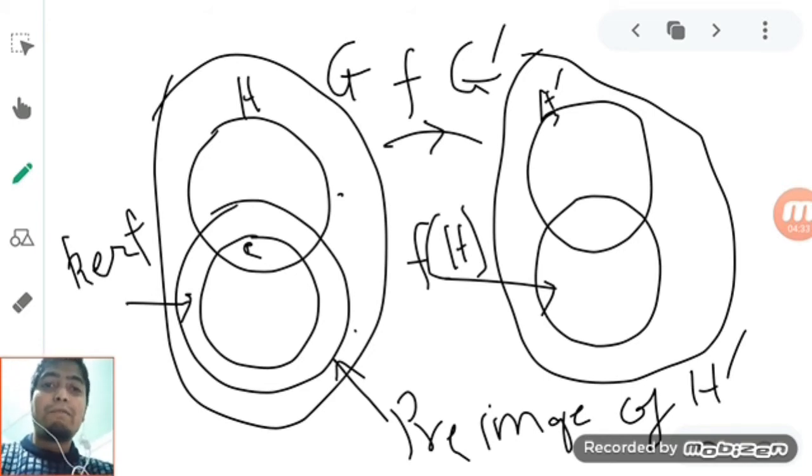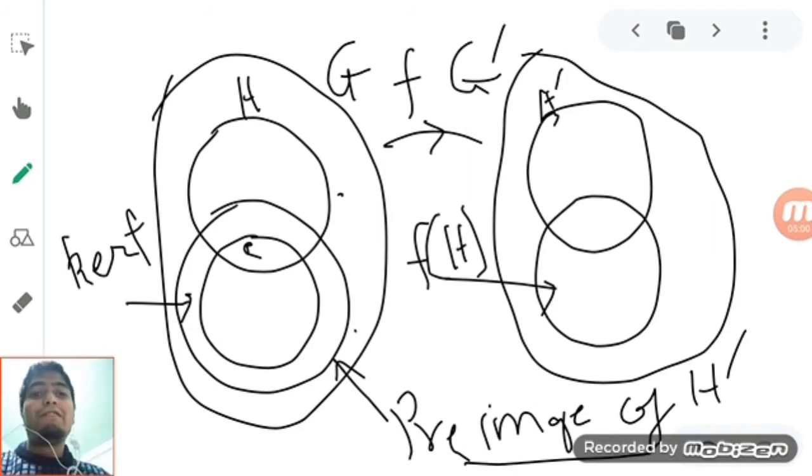We are given a subgroup of G, that is H. We are given a subgroup of G dash, that is H dash. We will show that this pre-image will be a subgroup, and also that the kernel of f is inside the pre-image. Moreover, theorem 5 deals with the image, which is a subgroup of G dash.